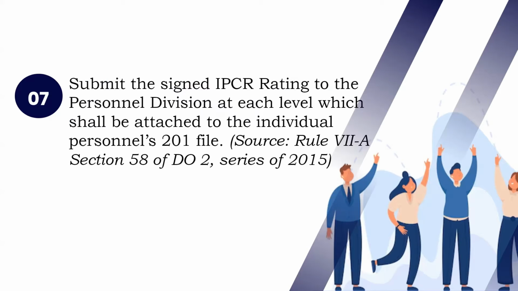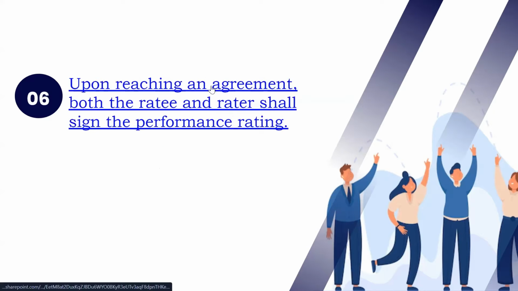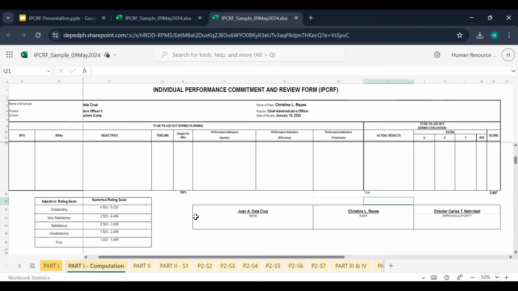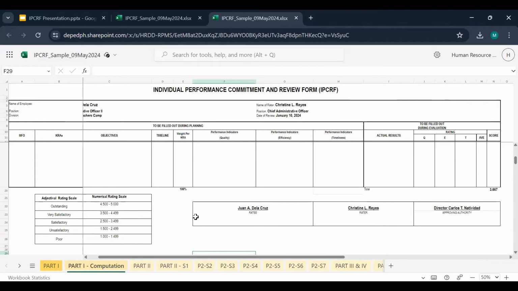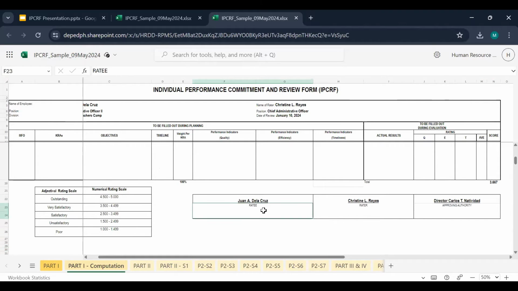This is pursuant to Rule 7A, Section 58 of DO2 Series of 2015. As you can see here on the bottom section, the ratee, rater, and approving authority need to sign to be submitted to the personnel division at each governance level.